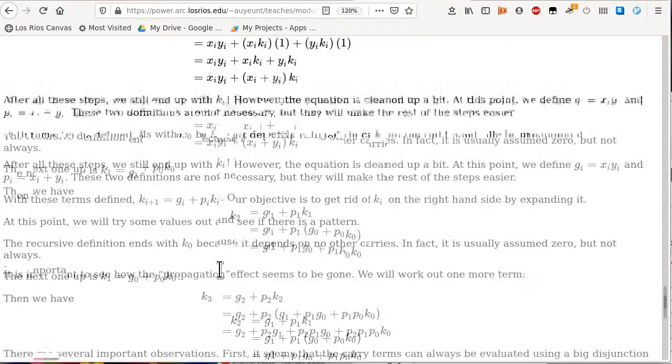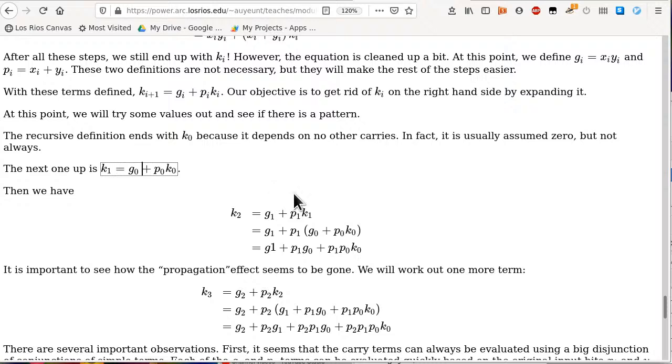So next, we first look at what if i is 0. If we plug in i is 0 over here, then we can define k of 1 in terms of some g and p terms, and k of 0. So that part is not really surprising.